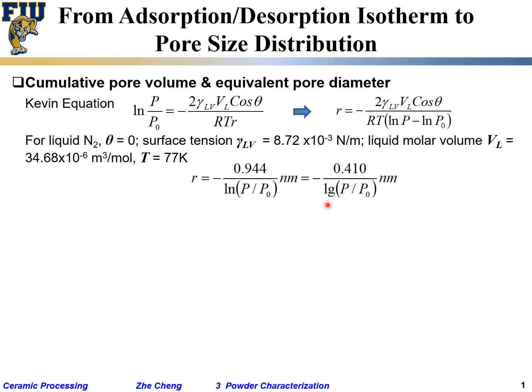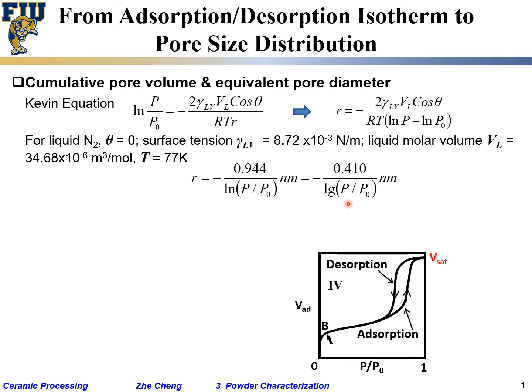And now we can link the relative pressure and the so-called cumulative pore volume from VAD, the adsorbed gas volume. Again, this is our adsorption-desorption isotherm, which you get at the same temperature, in this case 77 K. The y-axis would be the adsorbed gas volume converted back to STP condition.